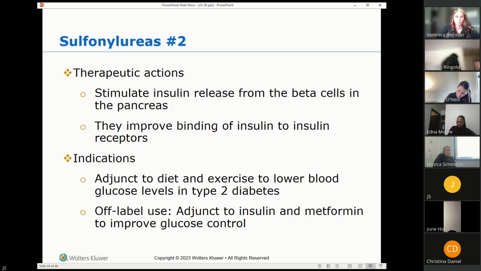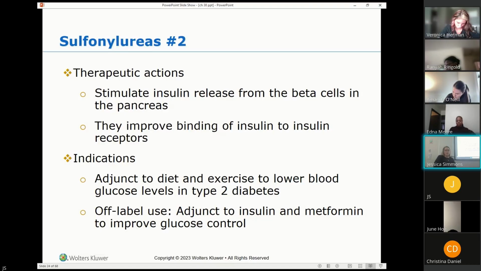So the therapeutic action, again, stimulates insulin release from the beta cells in the pancreas and improves the binding of insulin to the insulin receptors. So it helps the insulin get into the cell, okay? And it also helps insulin production. Indications: it's used as an adjunct to diet and exercise to lower the blood glucose level in type 2 diabetes.